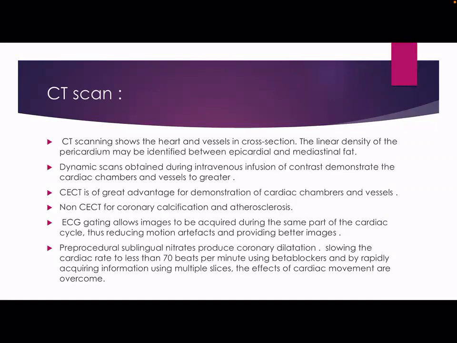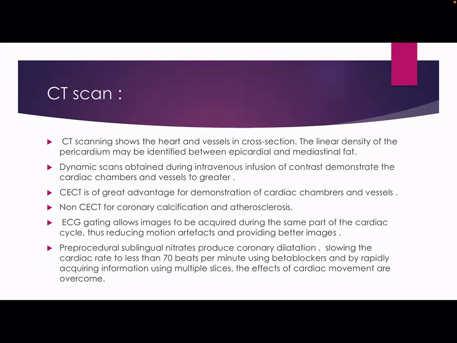CT scan shows the heart and vessels in cross section. The pericardium appears as a linear density identified between the epicardial and mediastinal fat. Contrast-enhanced CT has an advantage for demonstration of the cardiac chambers and vessels, and non-contrast CT has an advantage for demonstration of coronary calcification and atherosclerosis.